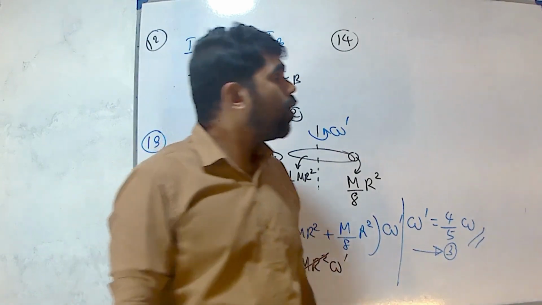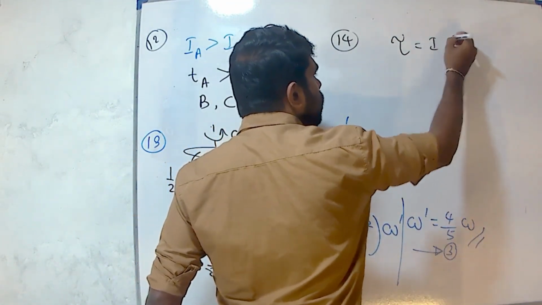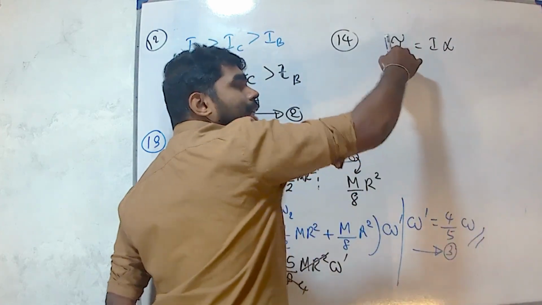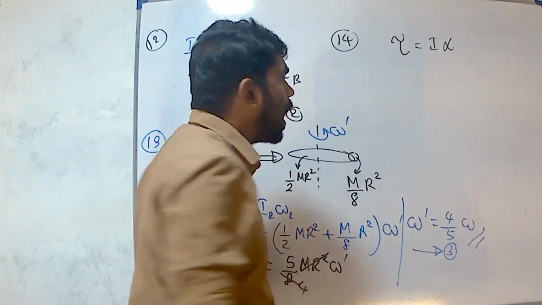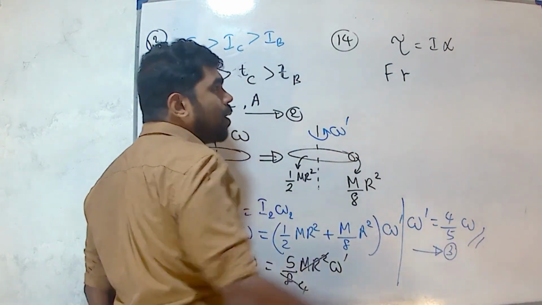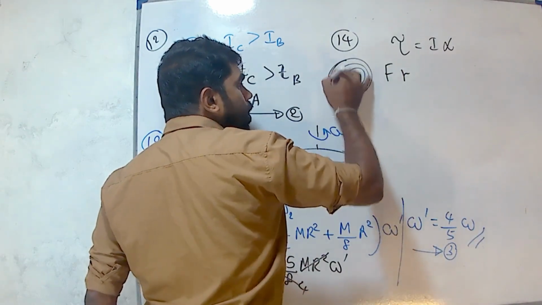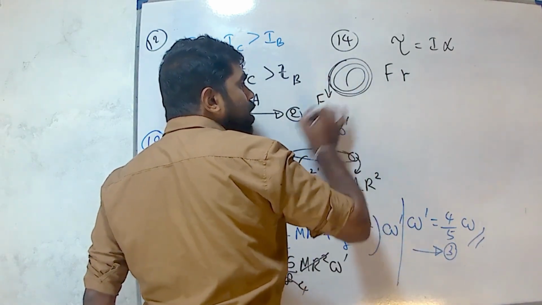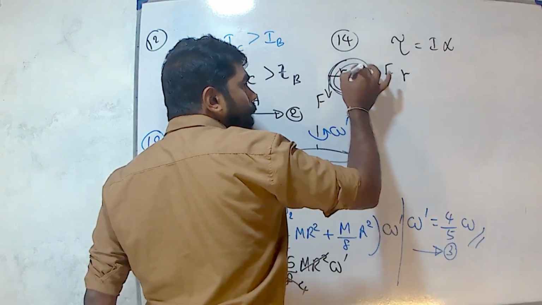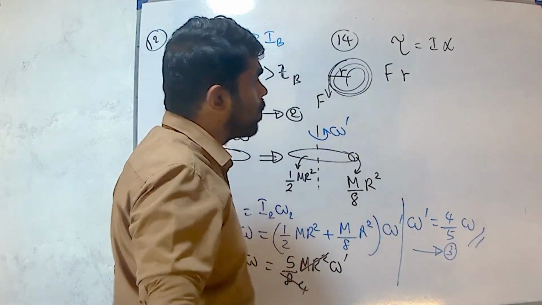Therefore, we can write tau equals I alpha. We can get the torque as force into radius, because when considering this firework, if the force is F, we multiply by the radius to get the torque around this axis.